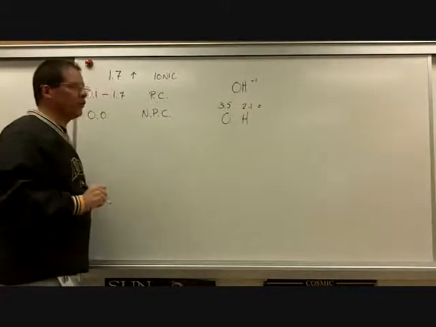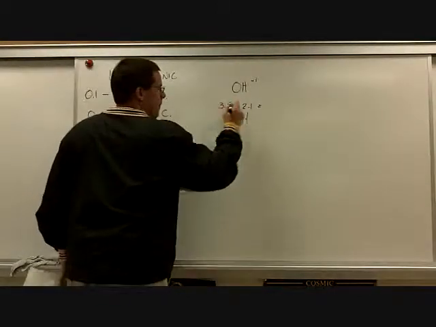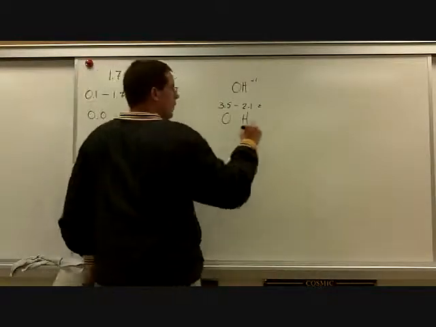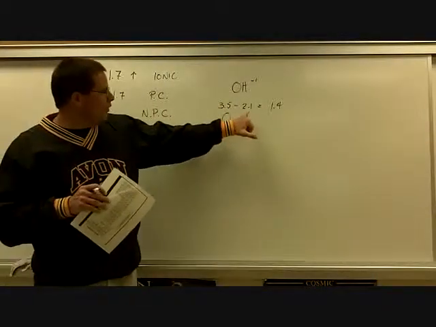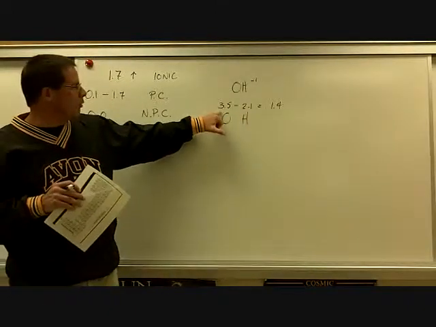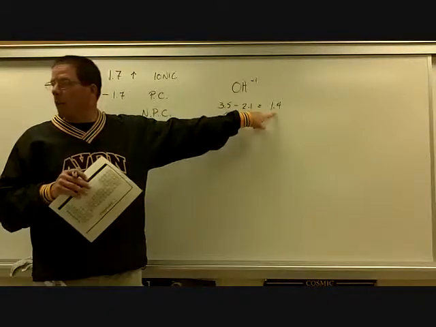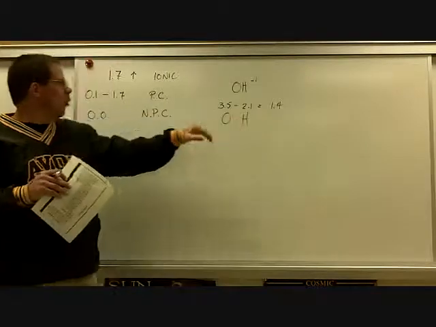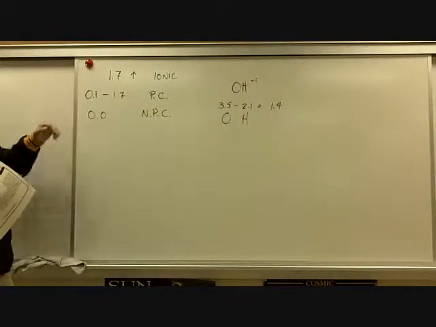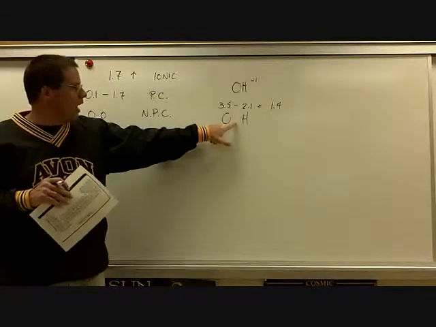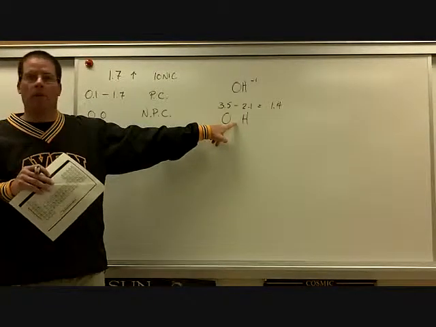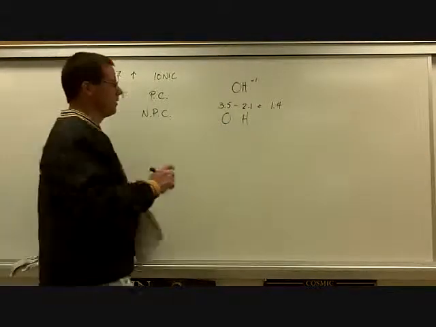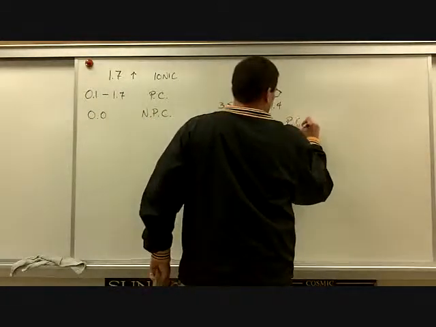So the difference between those two, 1.4. So where does that fall? What type of bonding do we have between the oxygen and the hydrogen? Polar covalent. Okay. So we have polar covalent bonding.